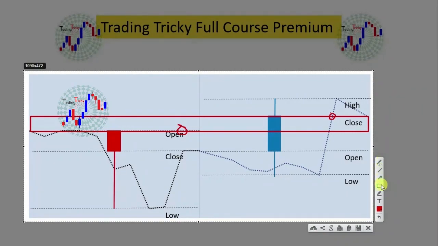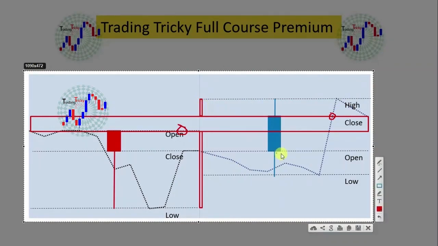moved up to here like this, so this is the center point candle, this is the opening price, and the lowest price is this, but this candle has more low, so this is the lower wick, and this is the closing price at the end, but it made a high here, so this is the upper wick.